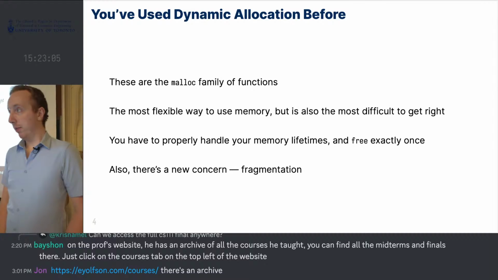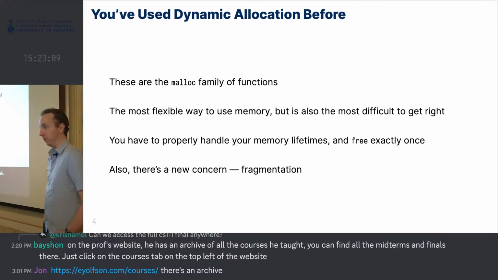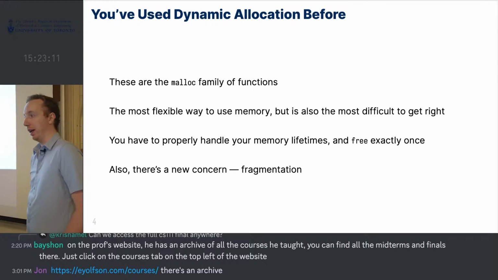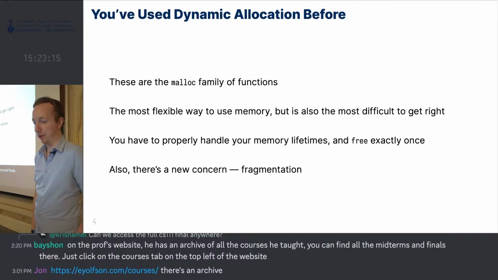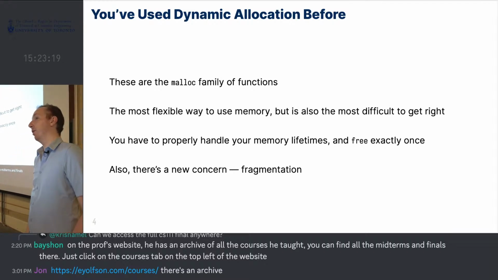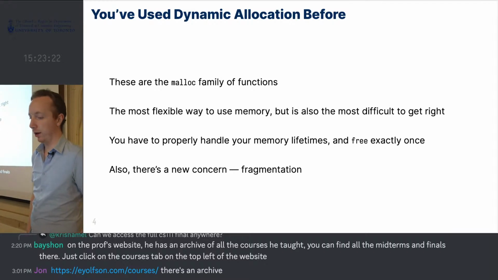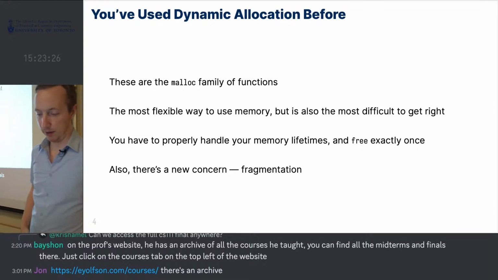So sometimes if your program is very complicated, you might not know when it should be freed, or even getting that pointer is actually challenging. And you also have to be sure that I only call free on that memory once, otherwise I have a double free and very bad things happen.